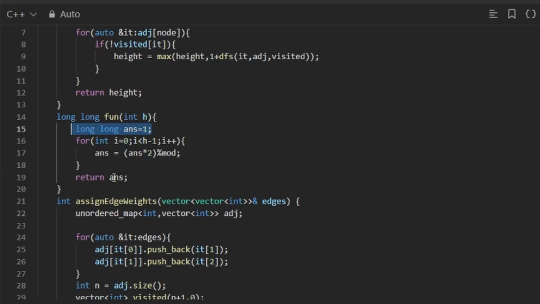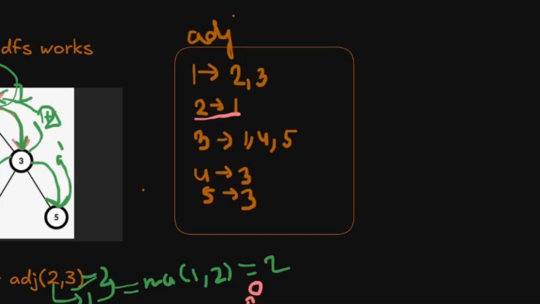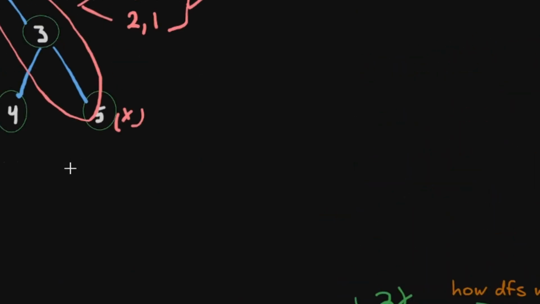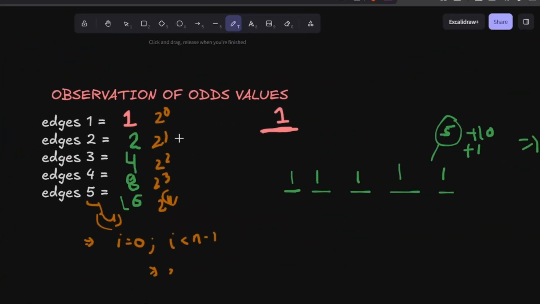So we will return the answer at the end. Each time we multiply it by 2. As I told you, we got the observation. So here's the observation part. As you can see, we have traversed from 0 till h minus 1, and each time we are multiplying the answer by 2. So we are getting the value as a power of 2. So that's the way of solving it.